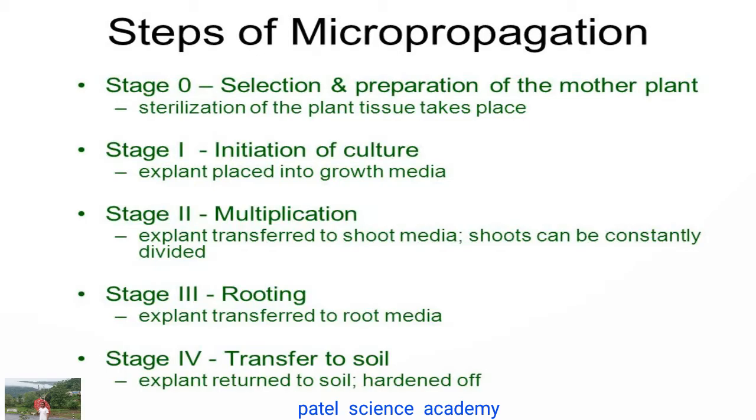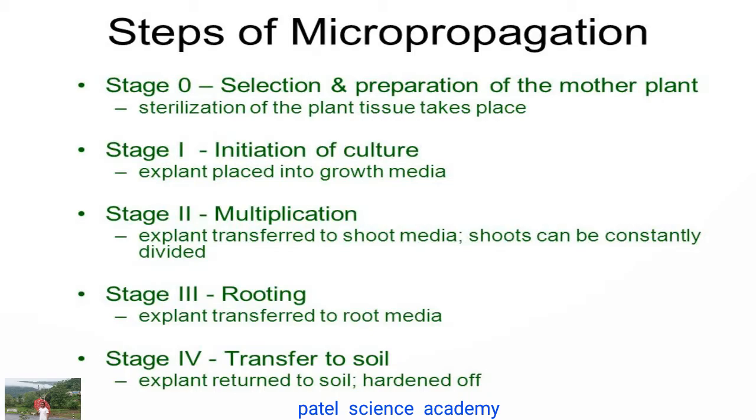It is the process adopted by Indian plant biologists in different industries, mainly for the commercial production of ornamental plants like orchids, eucalyptus, etc., and fruit plants like banana, grapes, citrus, etc. There are different advantages of the micropropagation that we'll see in the next slide.